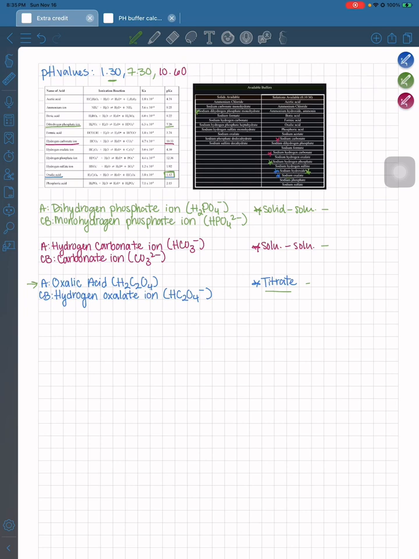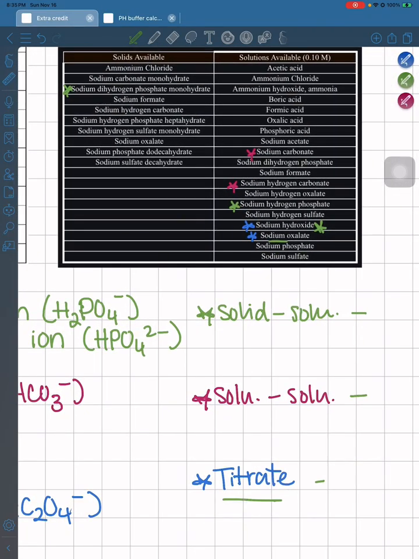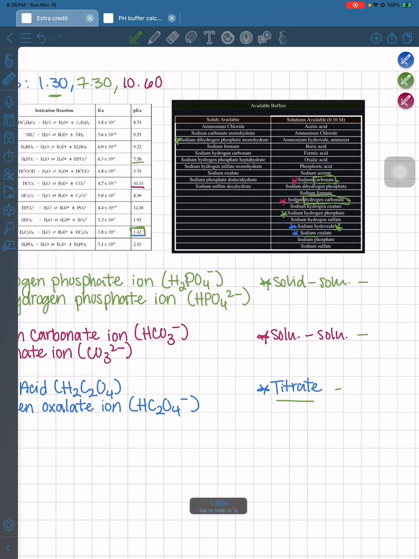And then for my 10.60 pH of hydrogen carbonate ion and carbonate ion, those 2 are very conveniently both provided as a solution. So we can see sodium carbonate and sodium hydrogen carbonate. And also, we know that sodium is neutral, so we ignore it. They're neutral when dissociation happens in pH levels, so we just don't care about it, and we only look at the carbonate and the hydrogen carbonate, which are the two things that we need.